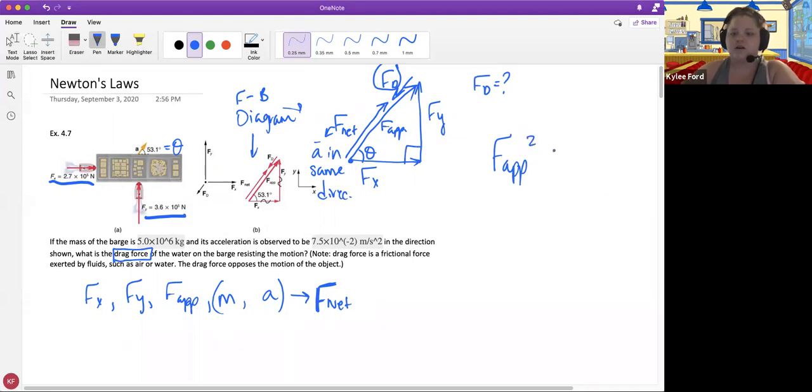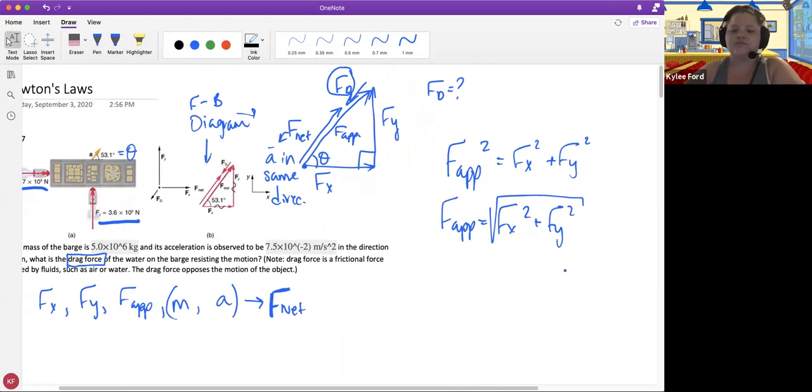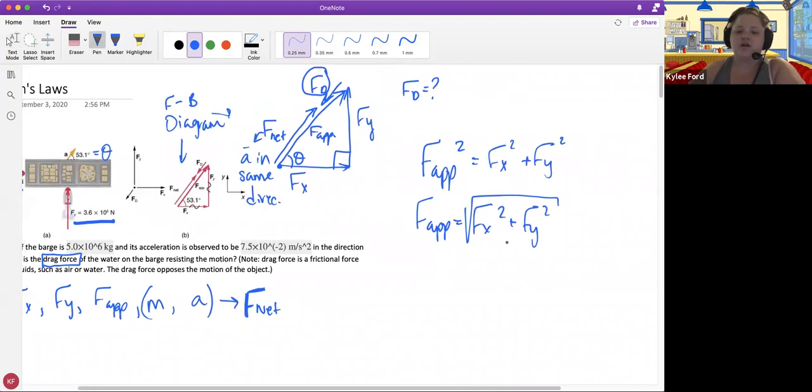Our F applied squared is equal to F sub x squared, our x force, plus F sub y squared, our y force. It all comes back to our vectors, solving for vectors and all of that good stuff. Okay, so now we have our F applied. I haven't plugged in any numbers yet, but that is how we're going to calculate it.